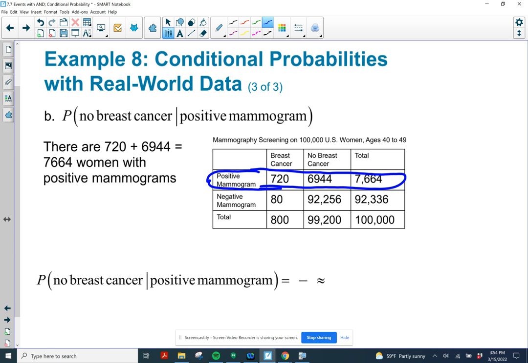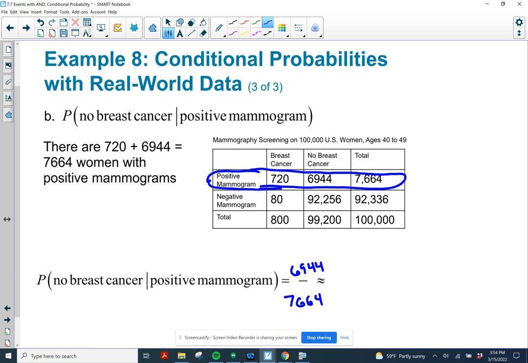The probability of no breast cancer given that she had a positive mammogram: the total sample space is 7,664, and of those, 6,944 did not have breast cancer. So out of those that had a positive mammogram, 6,944 did not have breast cancer. Our probability is that fraction.